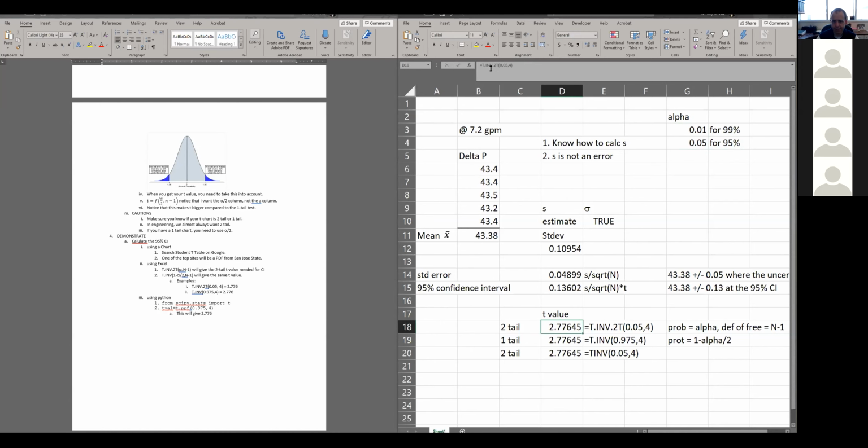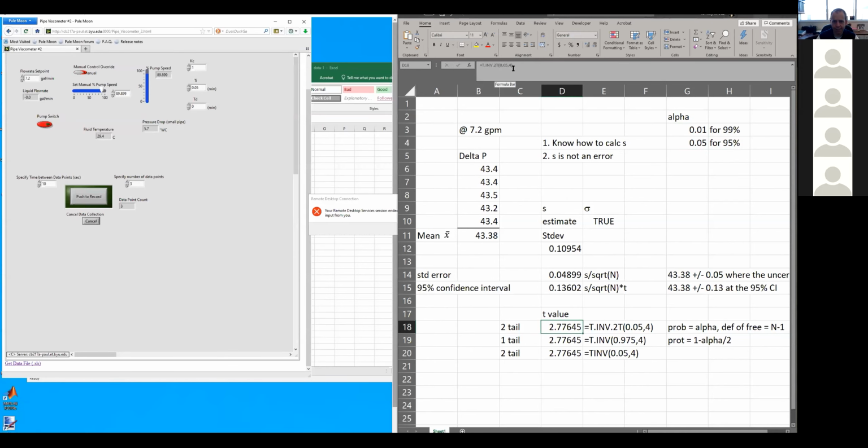And then here, instead of putting 0.05, I would put 0.01. And do you expect to have a bigger number or a smaller number than 2.77? So if I move from 95 to 99, should that t-value get bigger or smaller?